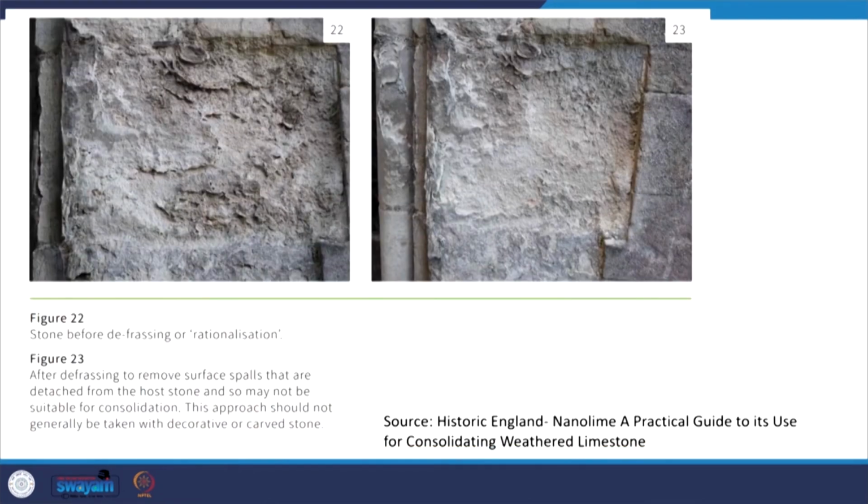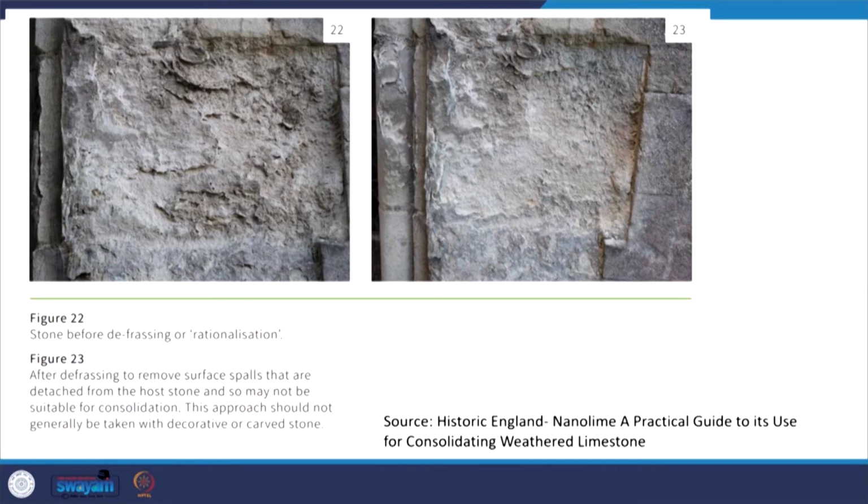So how do we apply these treatments? The very first part is the defacing or the rationalization. We have to remove the surface spalls, and see whether there is any biological component, or any salts which are affecting these stones. We have to first clearly take out those things, and we have to be careful.